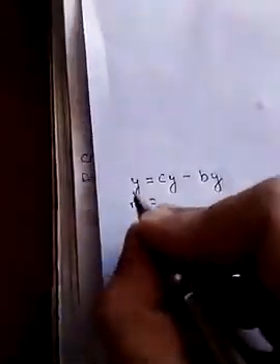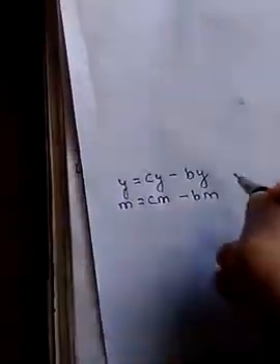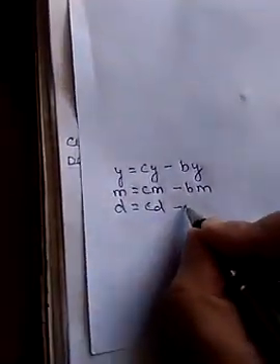Now if we want to find out the age, then the logic behind that, if we want to find out the years, then you have to subtract current year minus birth year. If we want to find out the month, then current month minus birth month. If we want to find out the days, then current days minus birth days.